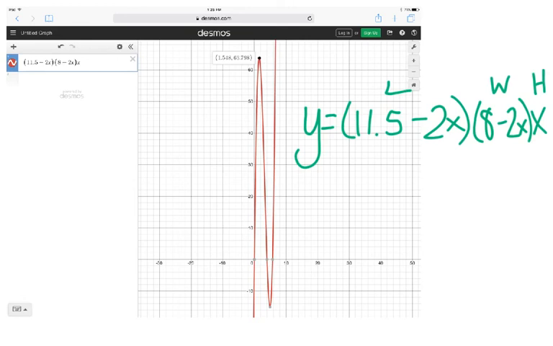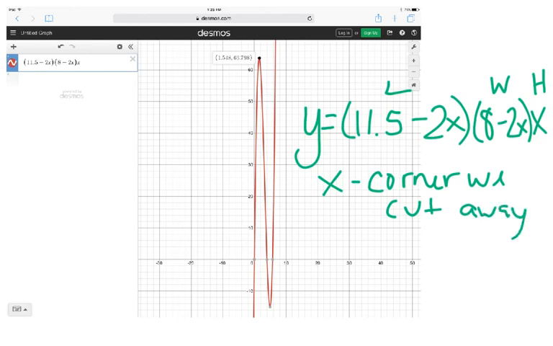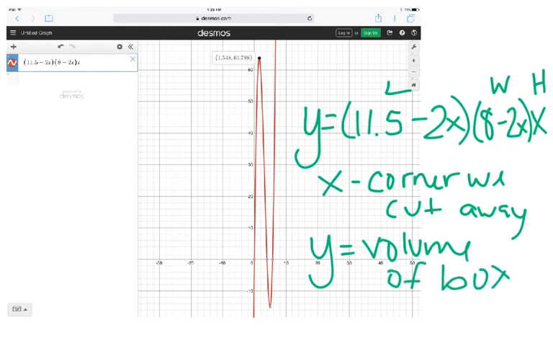That's how you find volume of a box. So x is how much the corner was, the corner we cut away. And then y is the volume of our box. So when you look at the relative max, this is your x.